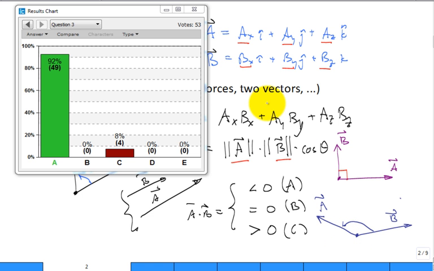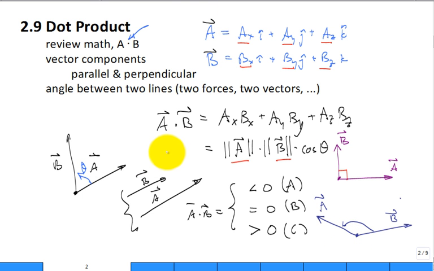If we take a look at the formula here, A dot B is equal to the magnitude of A. Could that magnitude of A ever be negative? Could we have a magnitude of a vector that's negative? That doesn't make sense. It's the magnitude, it's the length, it's positive or 0. Okay, how about the magnitude of B? Same thing. It's only the cosine of the angle that can be positive, 0, or negative.